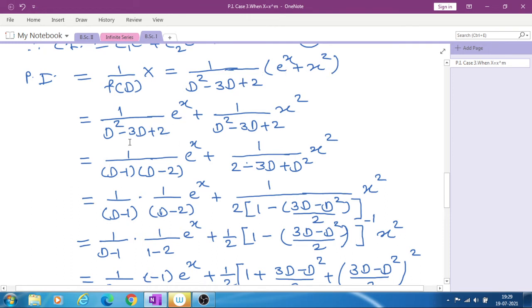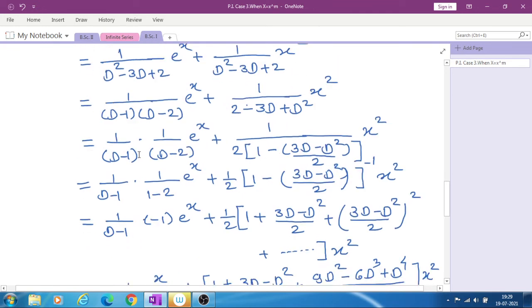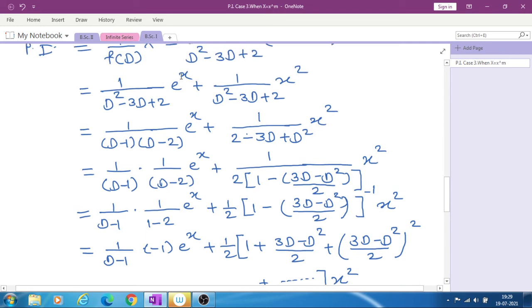Therefore 1 upon d square minus 3d plus 2 operates on e raised to x, plus 1 upon d square minus 3d plus 2 operates on x square. These will be two terms. Now see here, here is e raised to x and here is x square. So what is capital X? According to that capital X, we have to use our method.